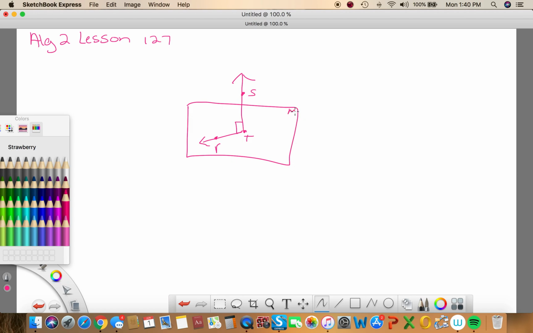They call this plane M, but it's perpendicular to line R at point T. So any other line that goes through point T will be perpendicular to S, and that's what they're telling you. If you look at the right, they show you that example.